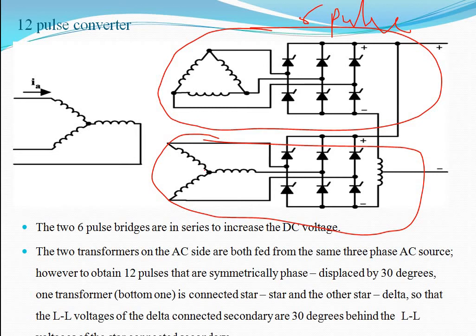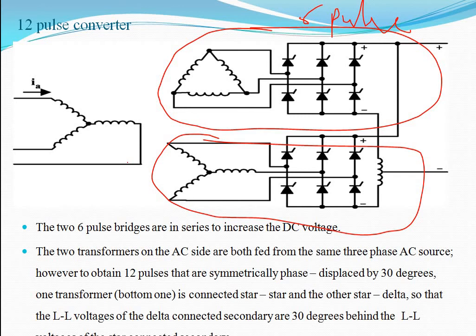The reason for the star-star and star-delta configuration is to achieve a 30 degrees phase shift in the AC voltage waveform. If you connect both star-star, you don't get a 30 degrees phase shift.